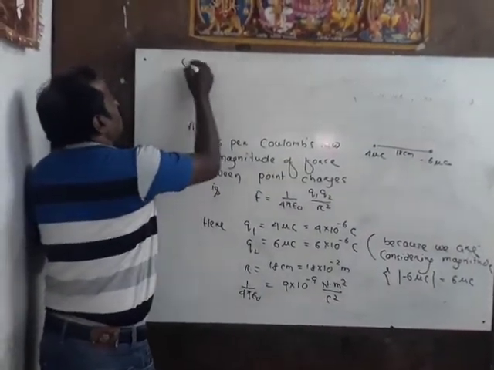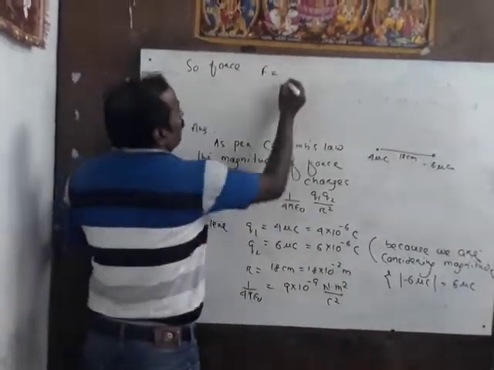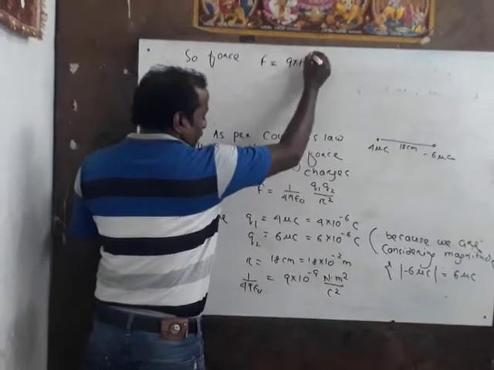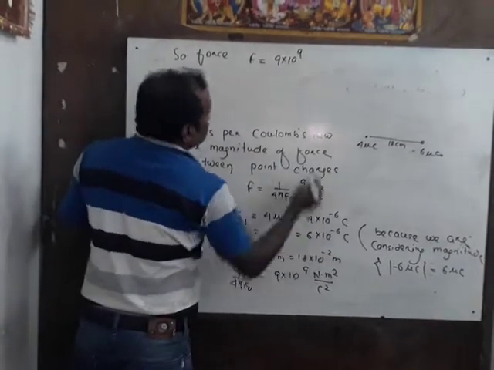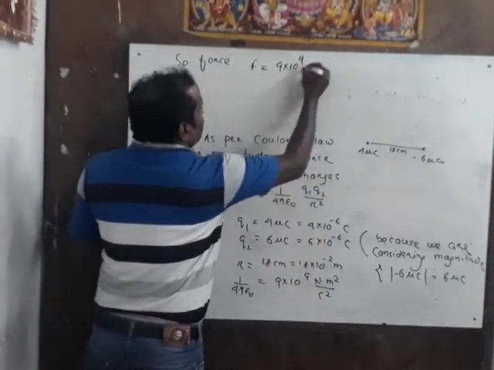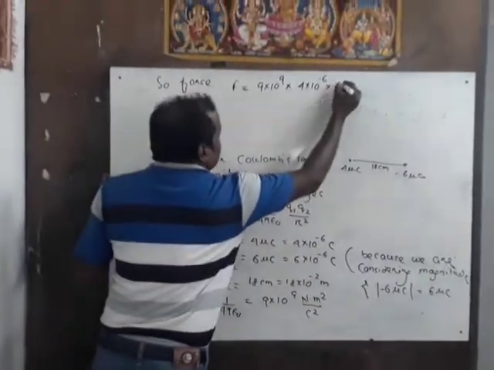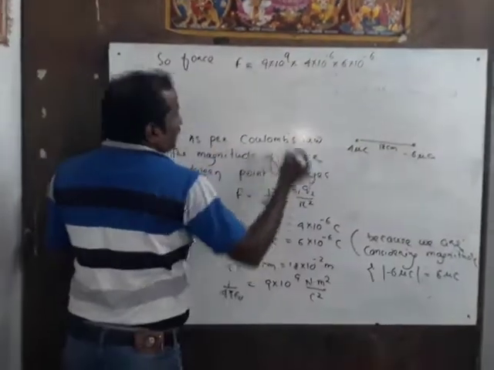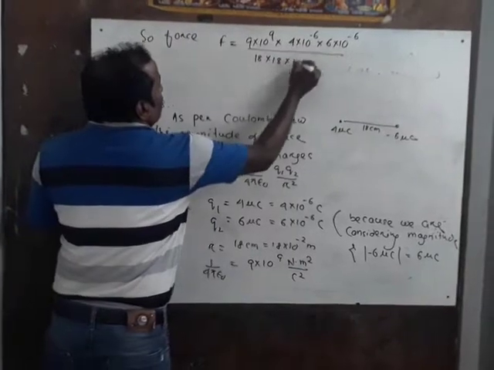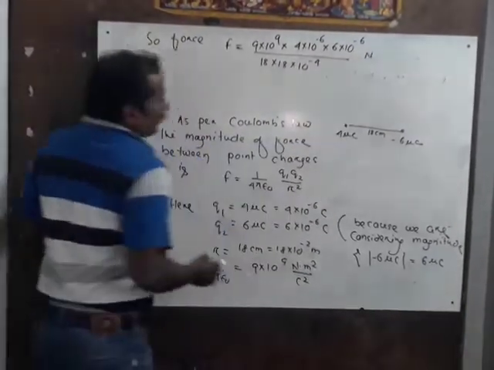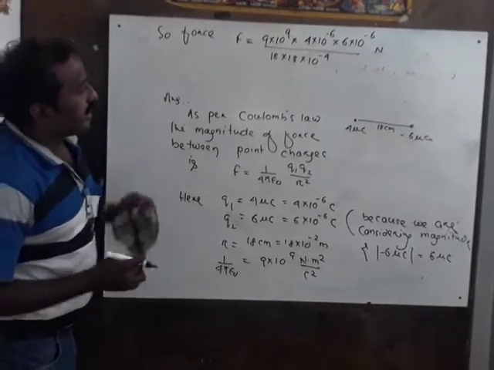So force F equal to 9 into 10 to the power plus 9 into 4 into 10 to the power minus 6 into 6 into 10 to the power minus 6 by 8 into 8 into 10 to the power minus 4, obviously Newton, because if you cancel the units, then the remaining unit is Newton.